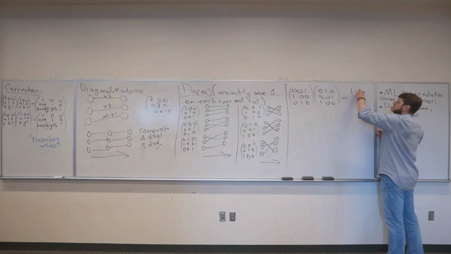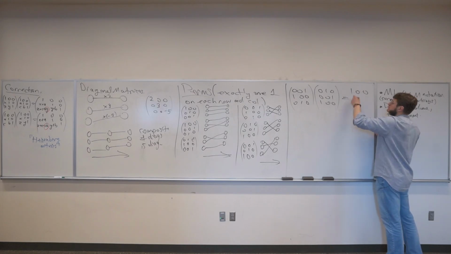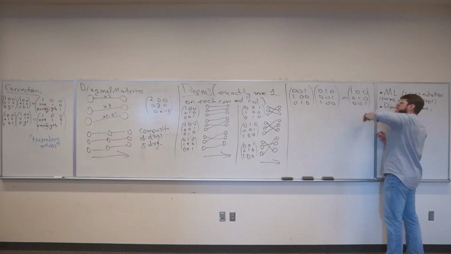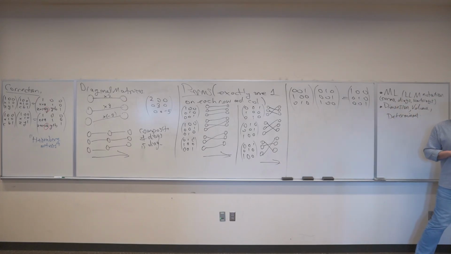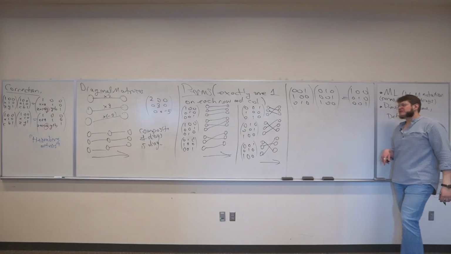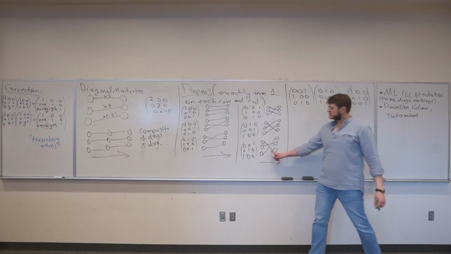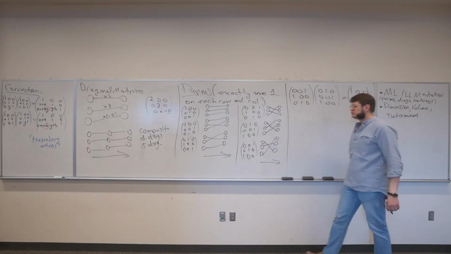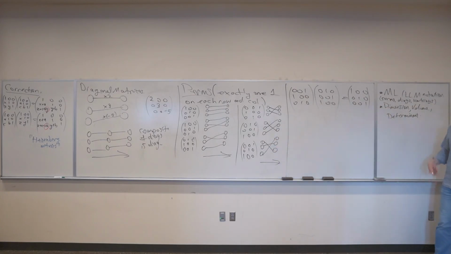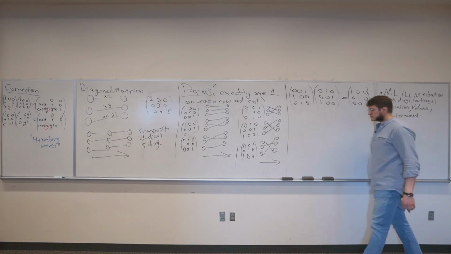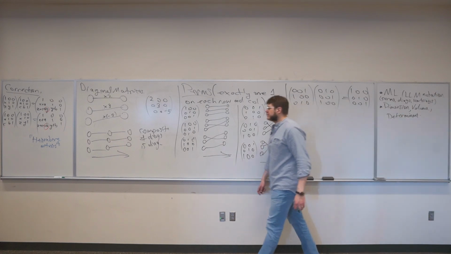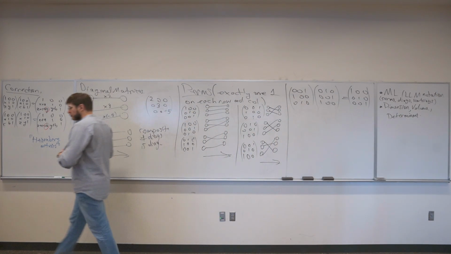This is 1, 0, 0, 0, 1, 0, 0, 0, 1, so it's the identity matrix. This is the standard matrix-matrix multiplication. The point of the machine learning notation is that if you use the correct notation, you're going to be able to read off what should be happening also.